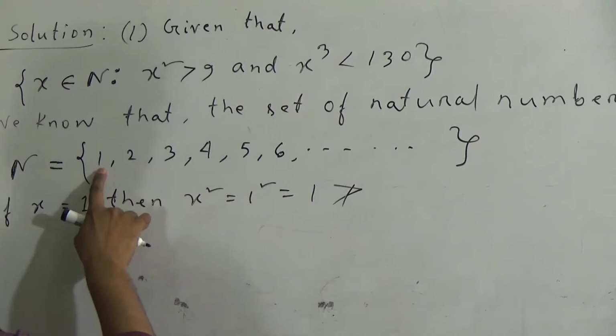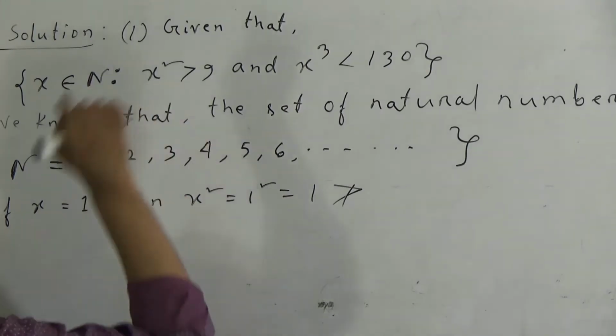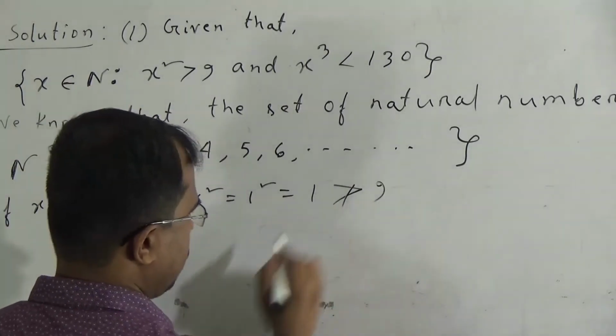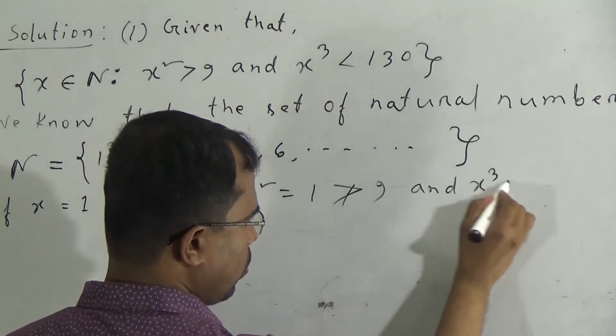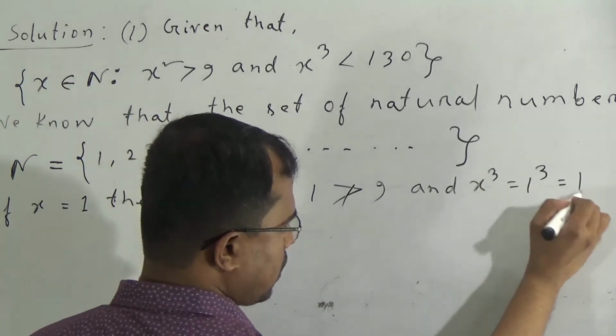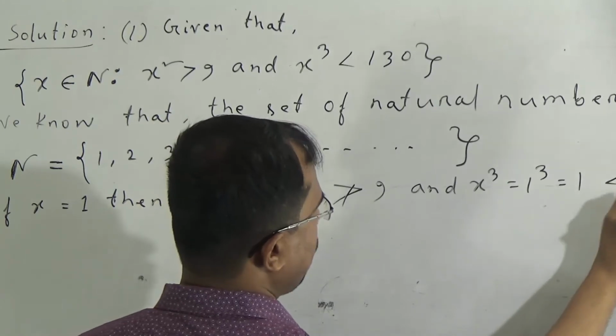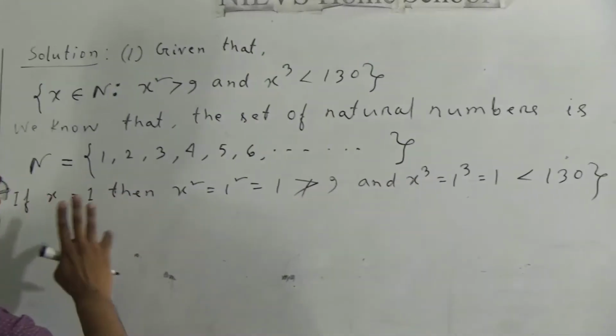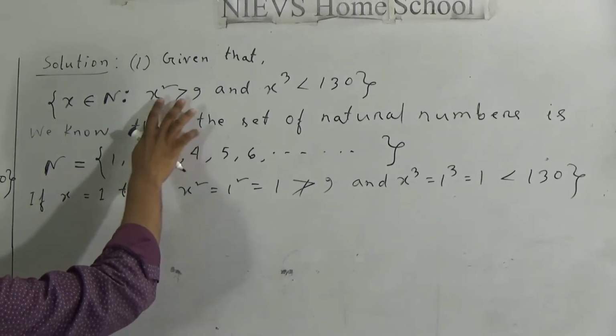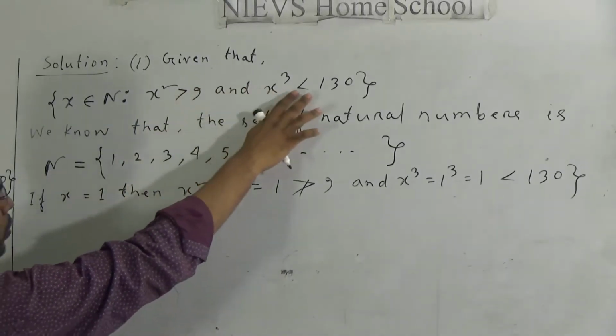That means this element doesn't follow this condition. And x cube is equal to 1 cube is equal to 1. It is less than 130.